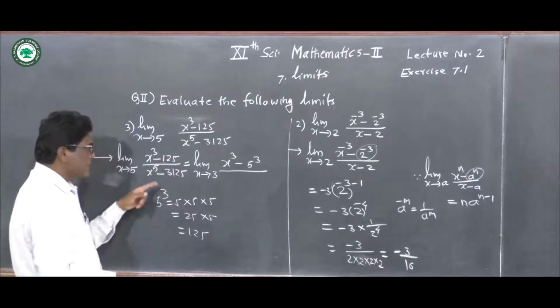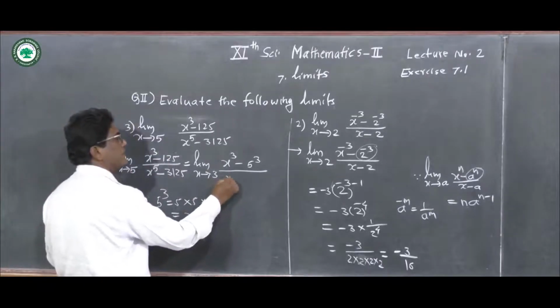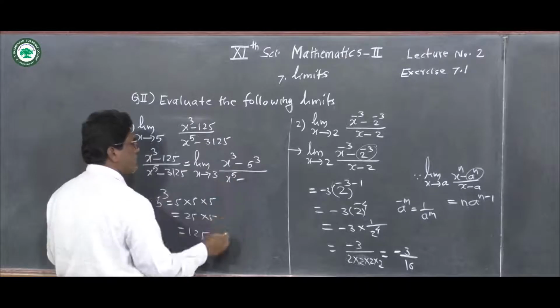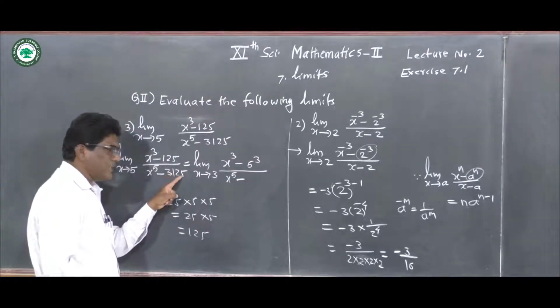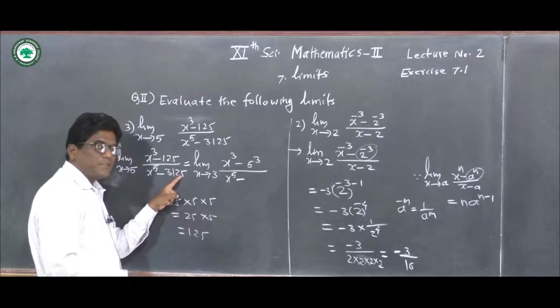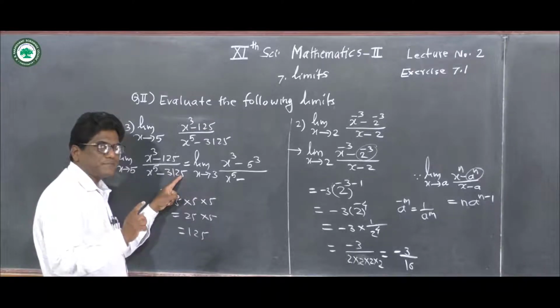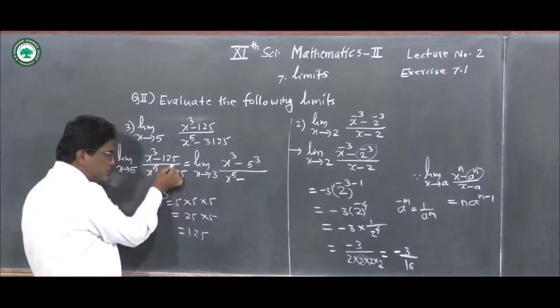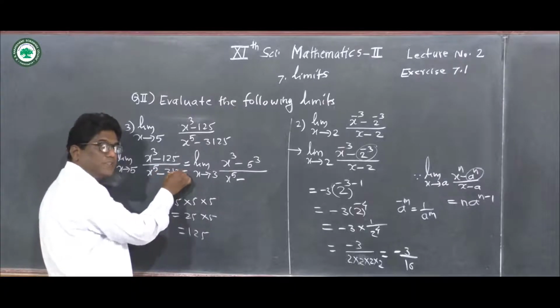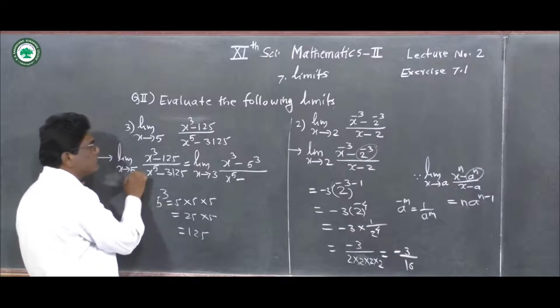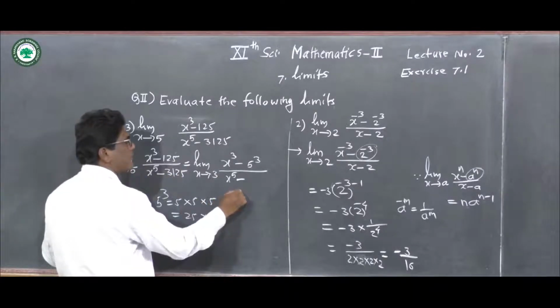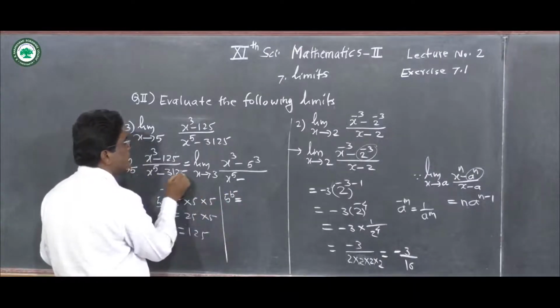Now in the denominator, x to the power 5 minus 3125, it is the fifth power of some number. Here x tends to 5, so surely it is 5 to the power 5.